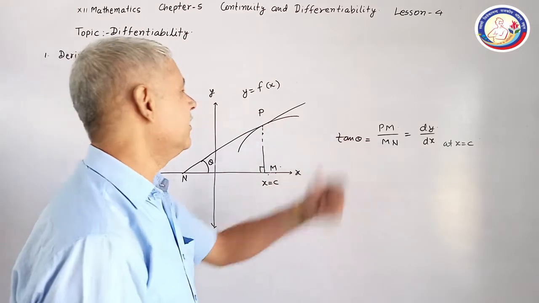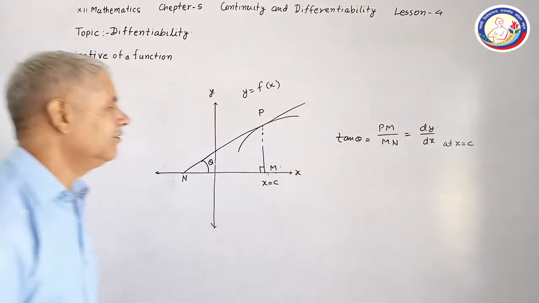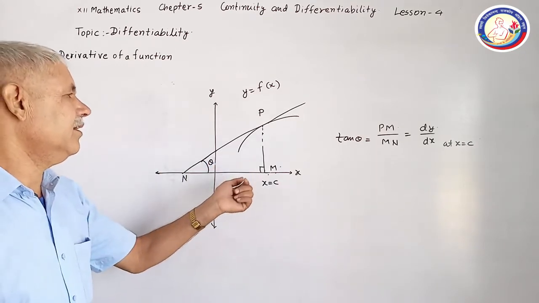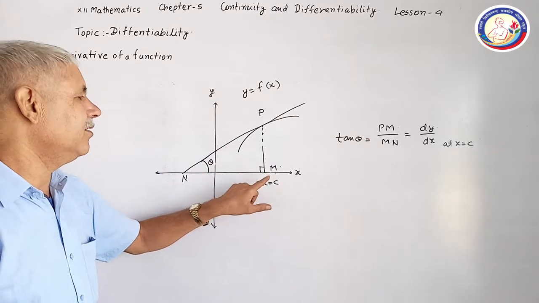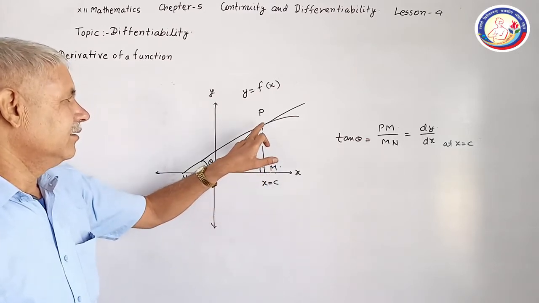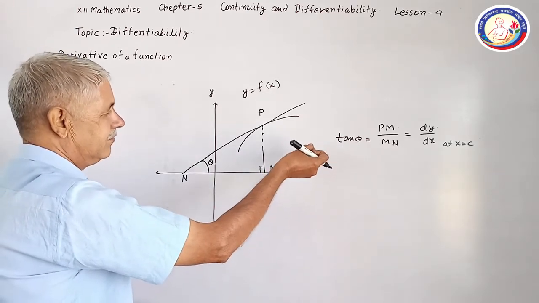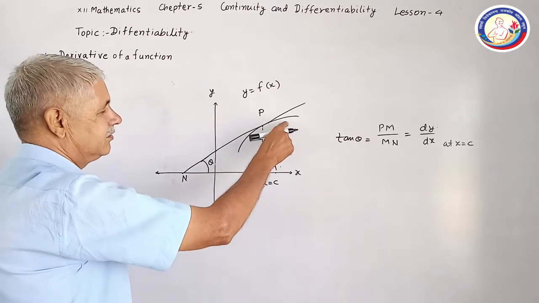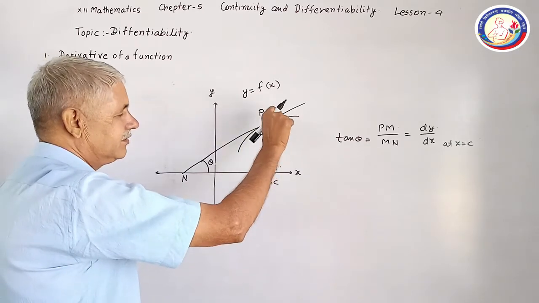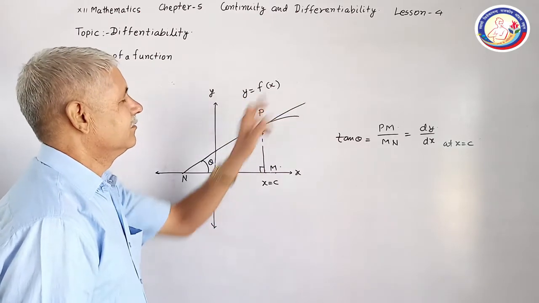So this is the geometrical meaning of any derivative. The derivative gives us the slope of the tangent at any point of the curve. If it is a particular point, then the slope will be given, or we can have the slope of tangents at several points, or at a general point given by this function.